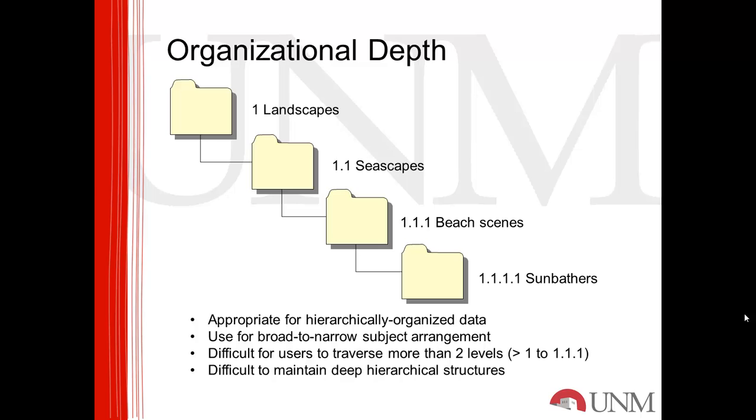So if you're going to organize a deep folder structure, it's important to maintain just a couple of levels of subdirectory organization underneath it, so that you don't wind up losing data, or data becomes missed because it's simply buried too deeply in the hierarchy.